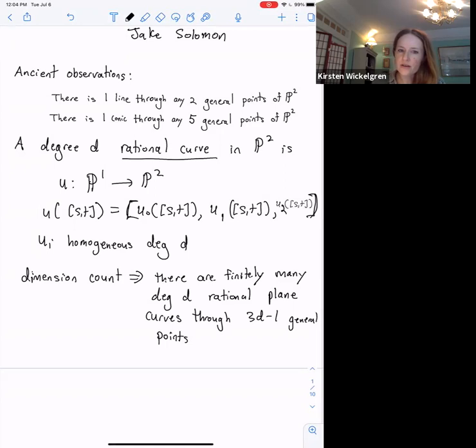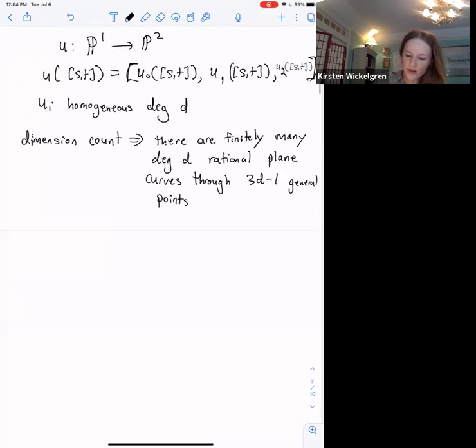We're going to look more generally than P2 at rational curves on surfaces. More generally than P2, let's look at rational curves on Del Pezzo surfaces.